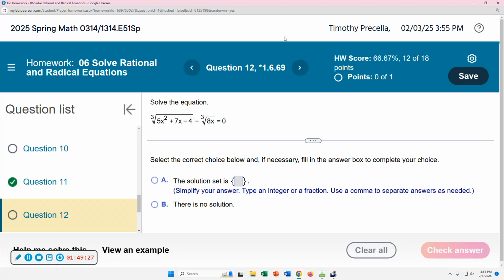Let me finish writing this one: the cube root of 5x squared plus 7x minus 7 minus the cube root of 8x equals 0.